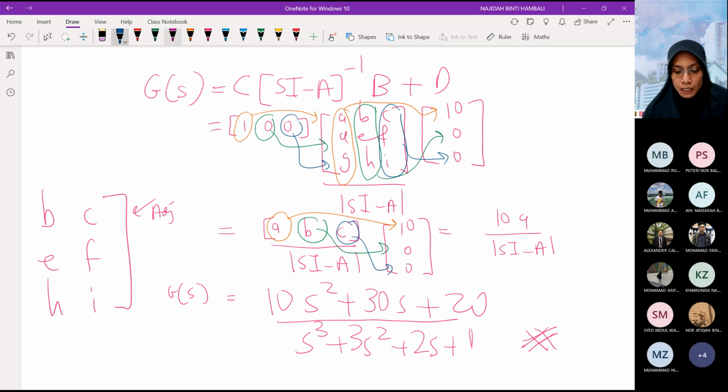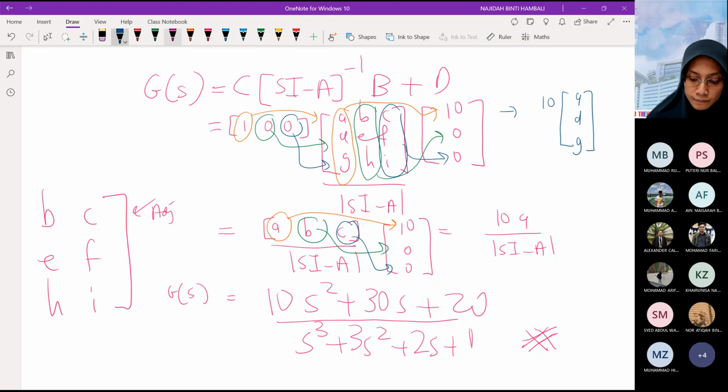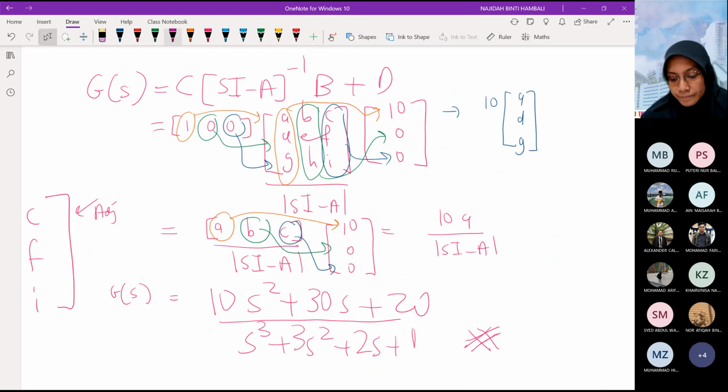Sama juga you akan dapat 10, A, D, G. Dan you darab dengan matrix C, dan dia tetap akan dapat 10 A.